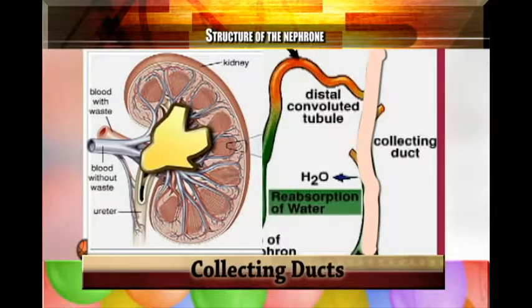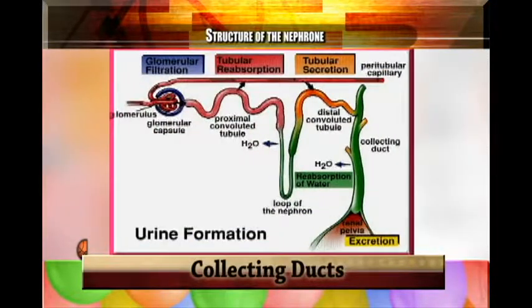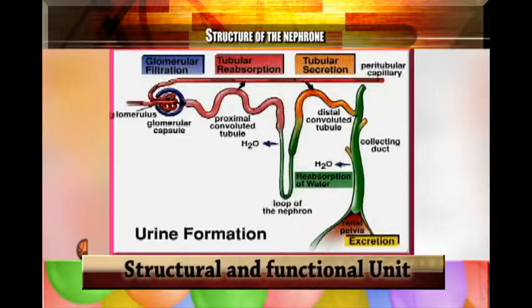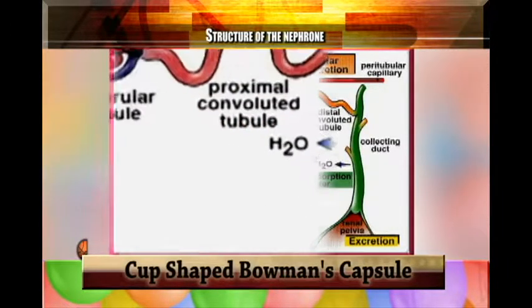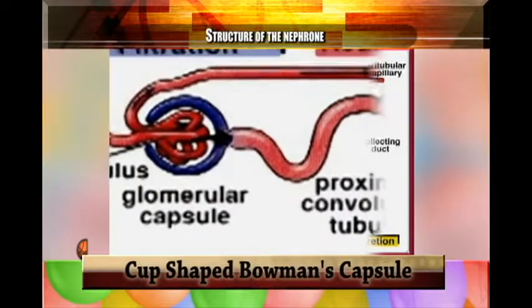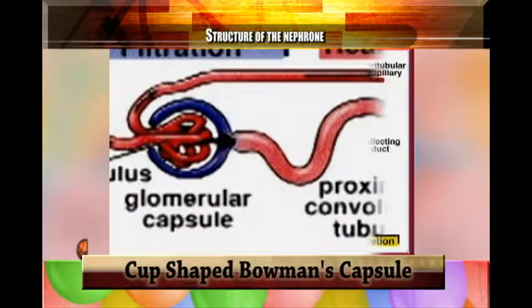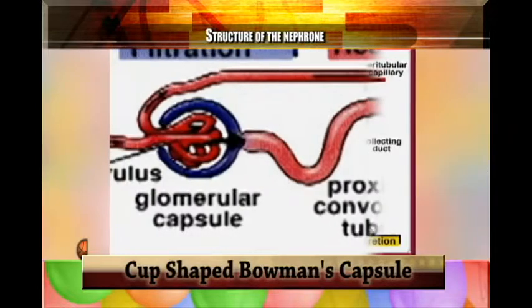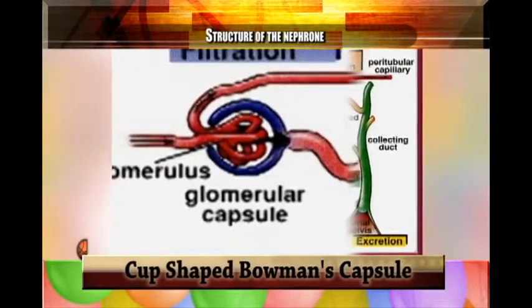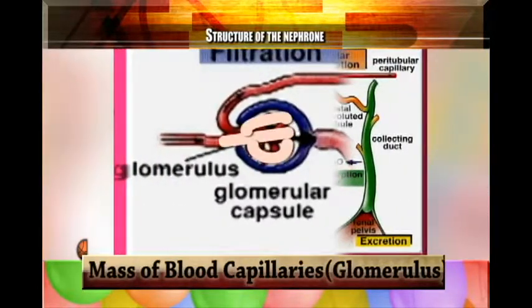We have said that the nephron is the structural and functional unit of the kidney, and it has a cup-shaped structure, which is what we call the Bowman's capsule. The Bowman's capsule is supplied with a massive network of blood capillaries, and that is what we call the glomerulus.